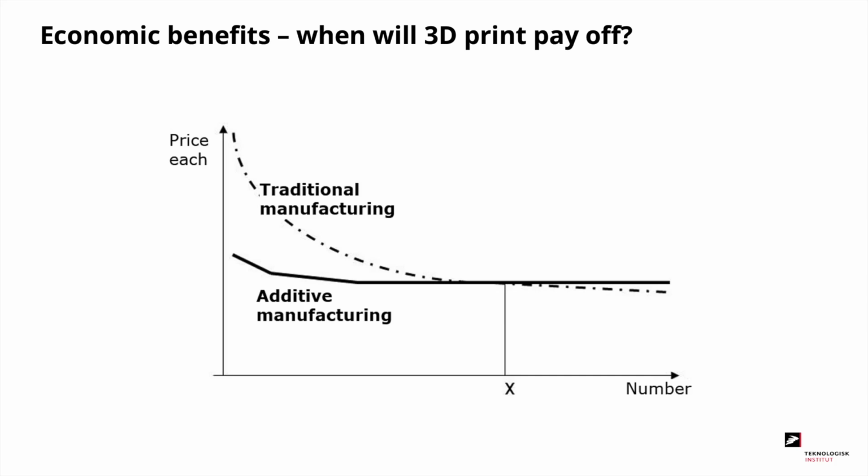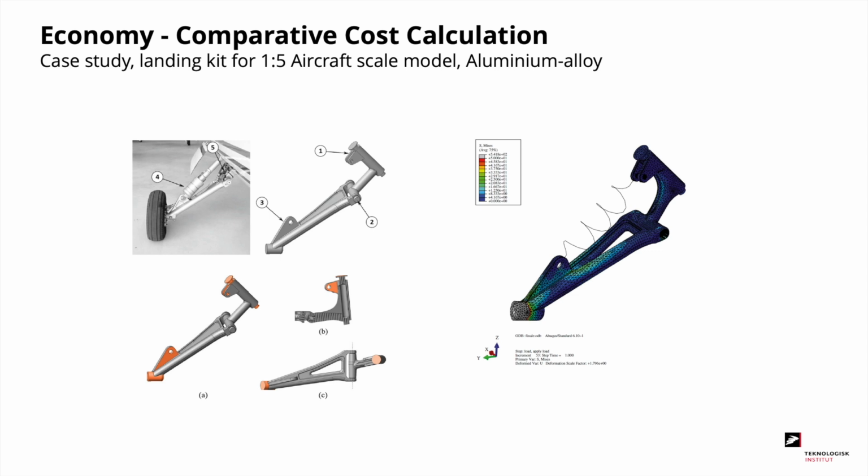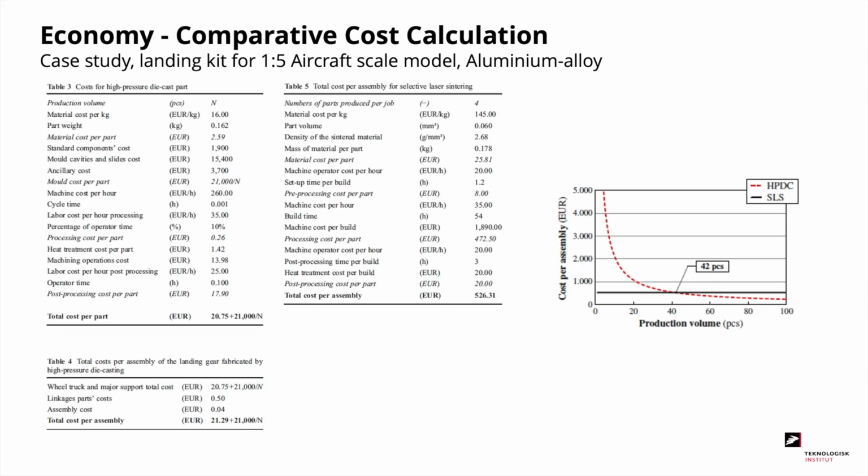And to be more specific, we show an example exactly on this. Here we have an example worked out by a couple of Italian researchers. They show a comparative cost calculation for a scale model of a landing kit for an aircraft. The traditional way of producing this would be high pressure die casting of aluminum, and that is compared with additive manufacturing. More specifically, you have here put figures on the two alternatives.